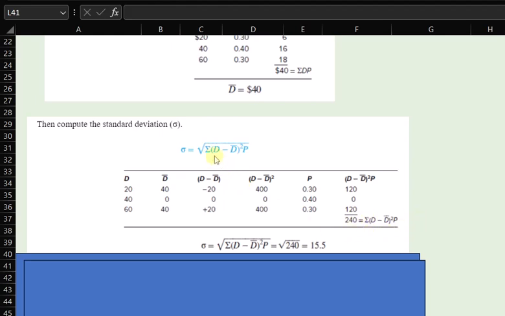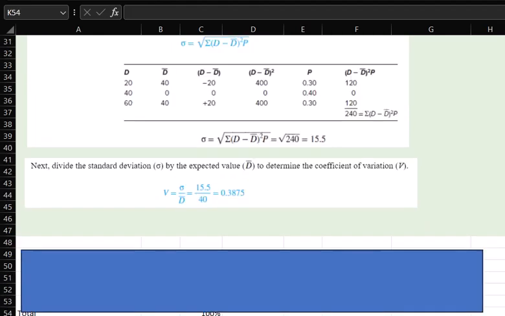So then we apply the standard deviation, where we take the square root of the sum of D minus D, that's 240, and we get 15.5. And then our final step is to divide the standard deviation by the expected value. So 15.5 divided by 40, right? We calculated 15.5.